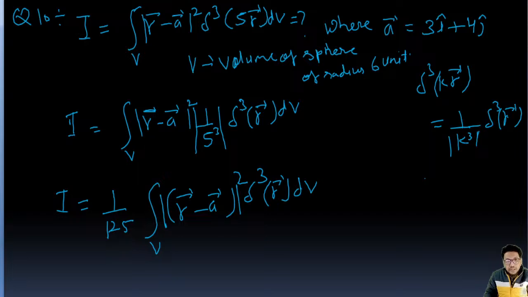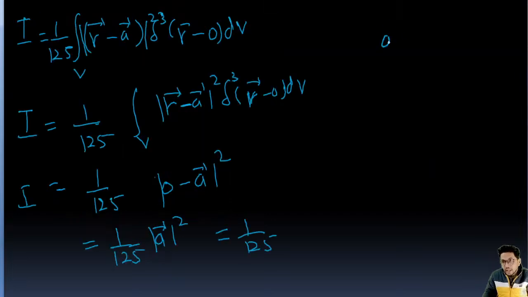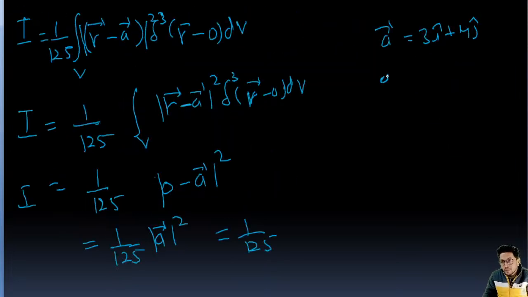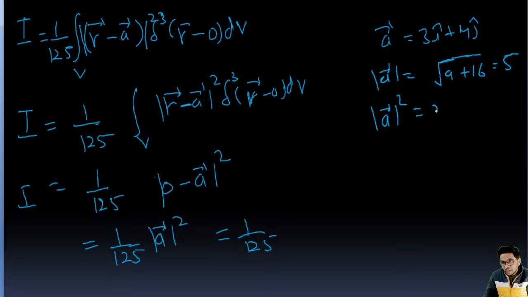And A is given, right? Since A is given as 3 i cap plus 4 j cap, the mod A is going to be root of 3 square, 9, plus 4 square, 16, that is root 25, that is 5. So it means mod A square is going to be 25, right?